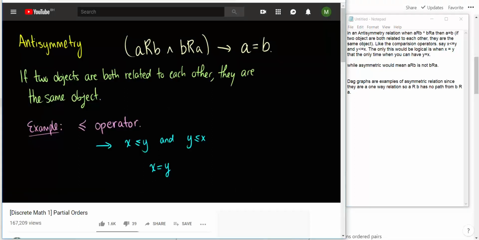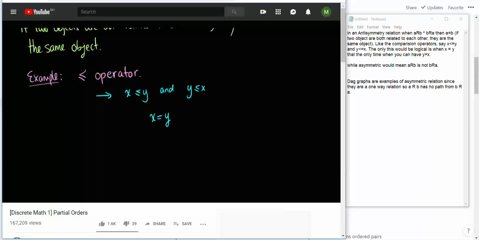And another operator we can show this with is the subset relation.